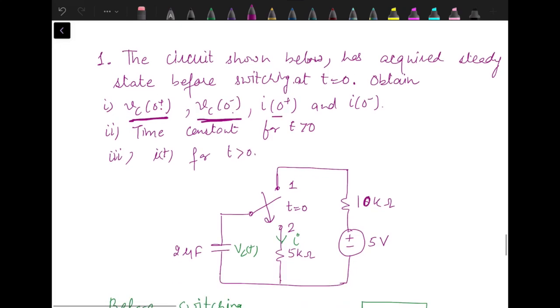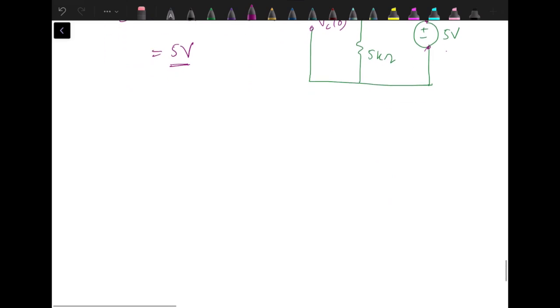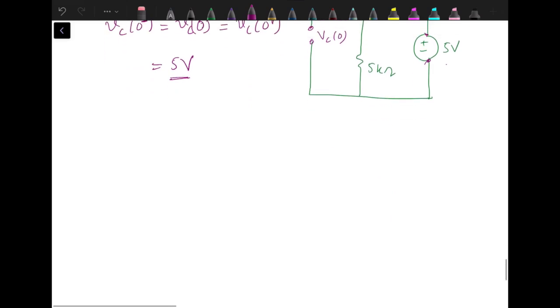Then we need to calculate the current. For that we need to calculate the voltage of the capacitor. So let's move on to after switching condition.